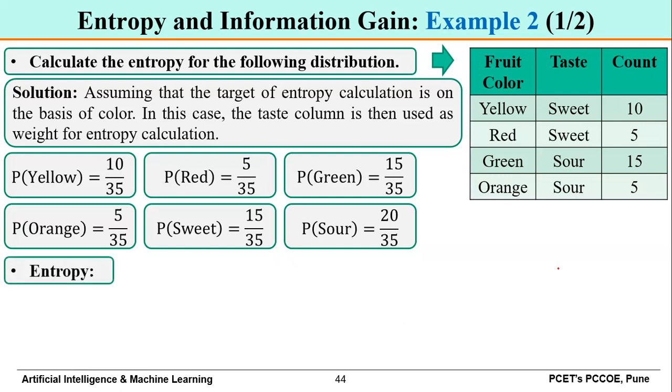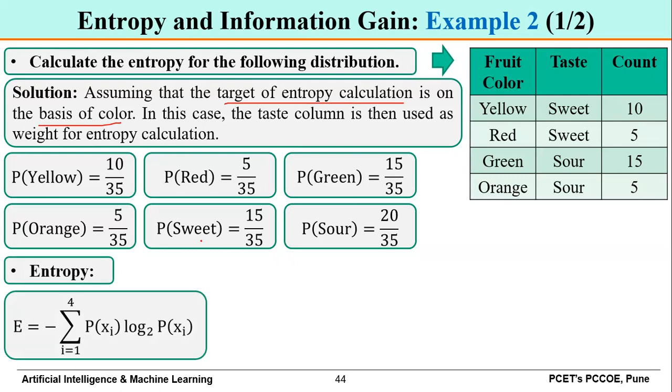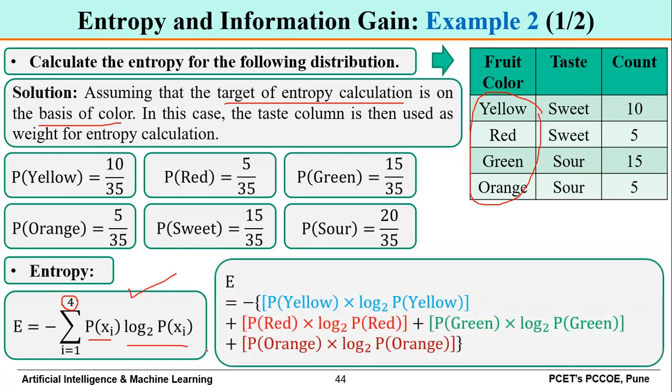Then we go for calculating the entropy, and as we decided, we will calculate the target entropy, or entropy, based on the color only. As there are four colors, so four features, the formula for entropy is modified as minus summation i equals 1 to 4, probability of occurrence of a feature multiplied by log to the base 2 probability of that feature.